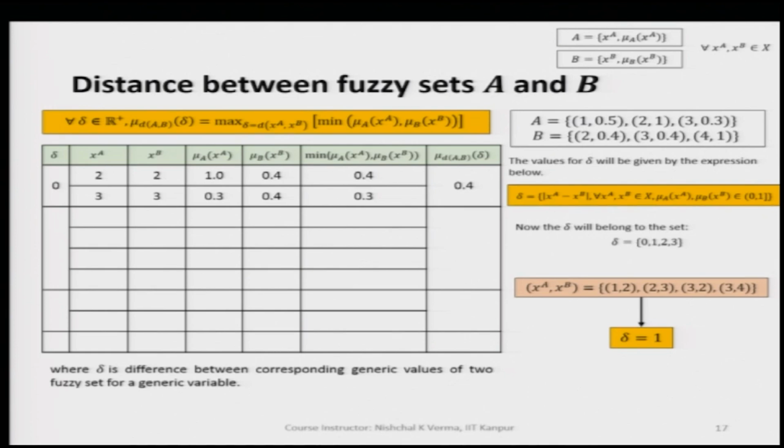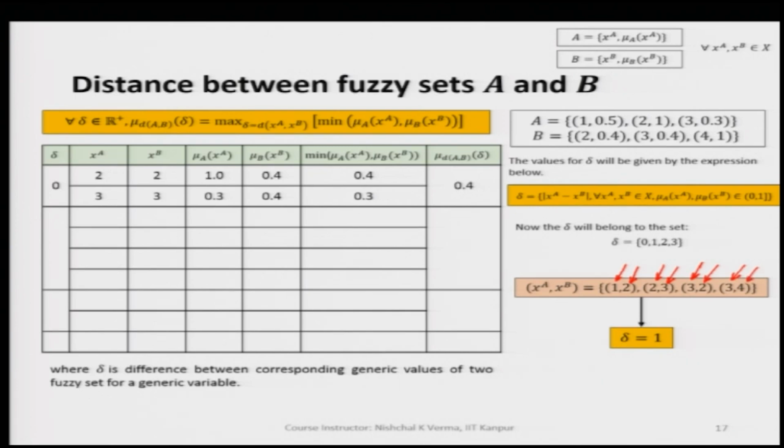We have 1 from fuzzy set A and 2 from fuzzy set B, and then another pair 2, 3, where 2 is from fuzzy set A and 3 is from fuzzy set B. Similarly, we have 3, 2 as the third pair, where 3 is from discrete fuzzy set A and 2 is from discrete fuzzy set B. And the fourth pair is 3, 4.